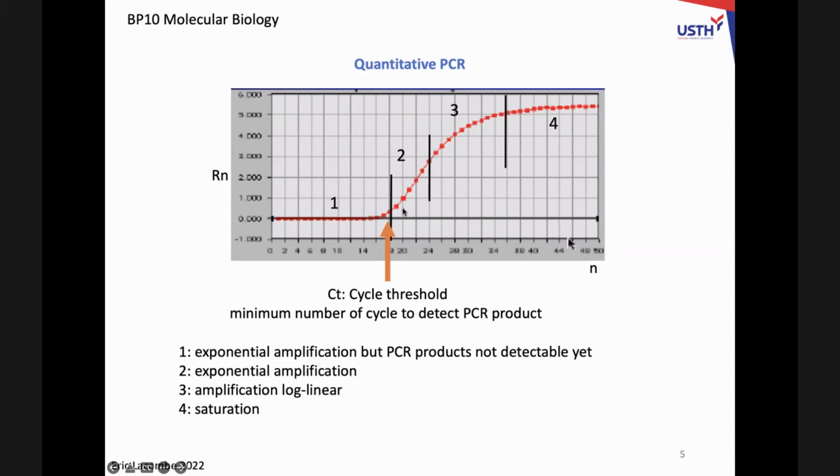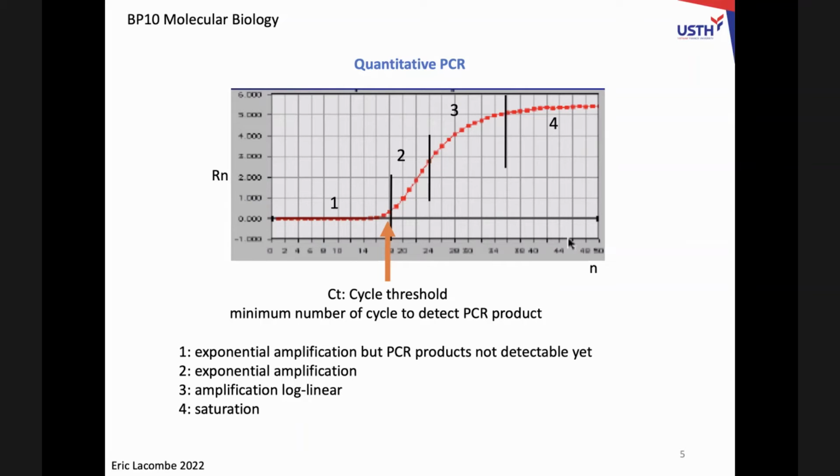In qPCR, we want to work in phase number 2, the exponential amplification, because it is during that phase that we can be sure that the mathematical relation I showed you before makes sense, okay? And it is in that phase that AE is equal to 2 in theory.